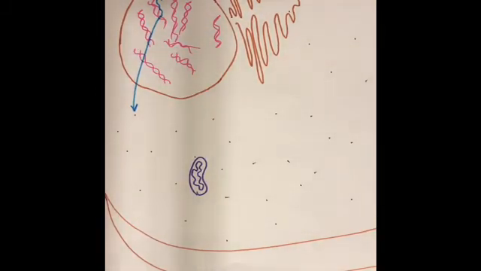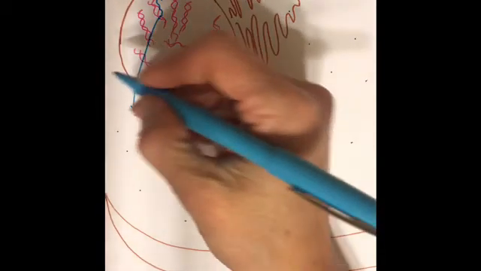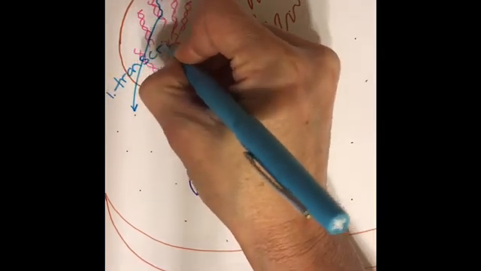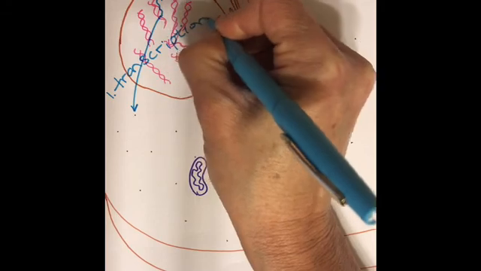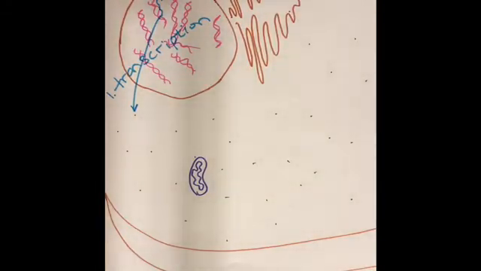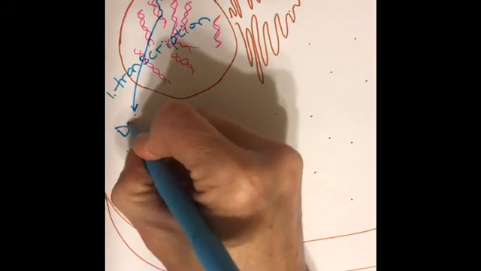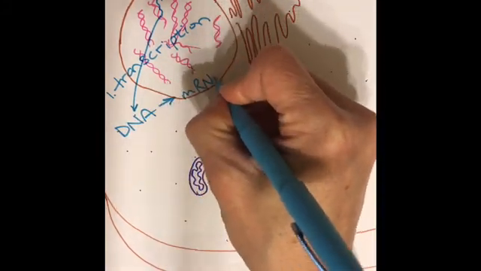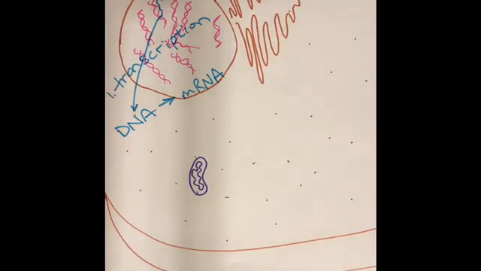And that messenger RNA, when it makes it to the cytoplasm, is going to be able to then be translated into a protein. So again, the first step in building a protein is called transcription. And transcription is the process of taking a molecule of DNA and rewriting it into a piece of messenger RNA.